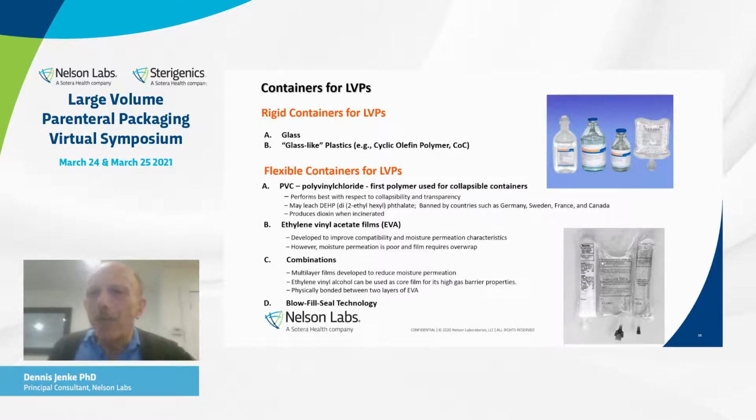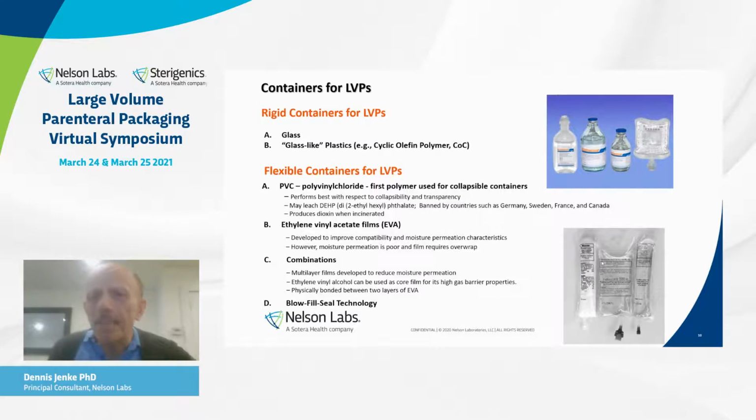So, I don't know, maybe 40 or 50 years ago, flexible containers for LVPs were first introduced into the marketplace. And those flexible containers were primarily based on PVC, DEHP plasticized PVC. You know, flexible, clear, a number of desirable characteristics for flexible PVC-based containers. The issue is that containers were 40% by weight plasticizer DEHP.